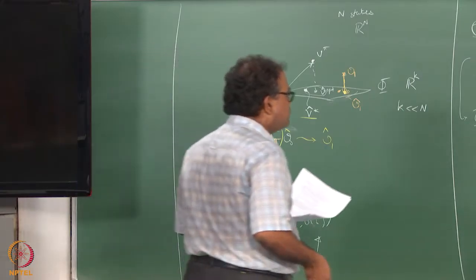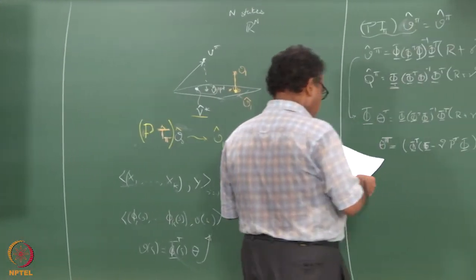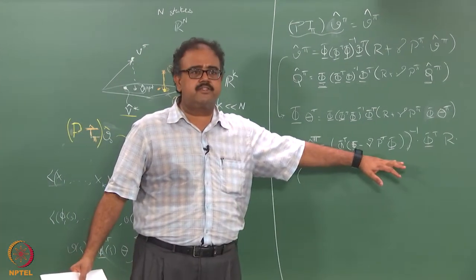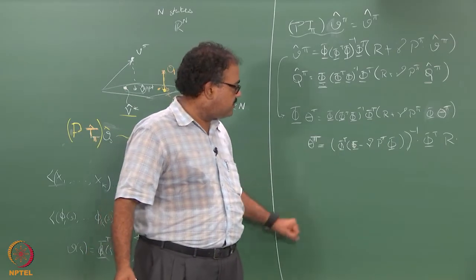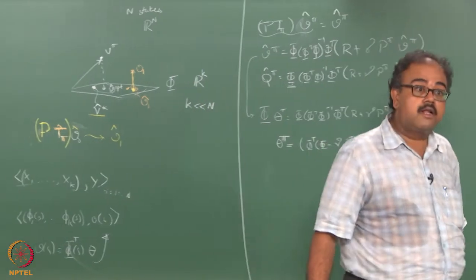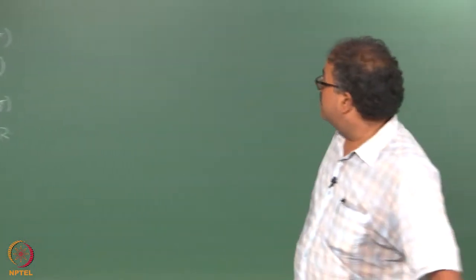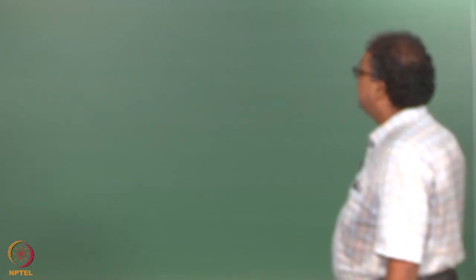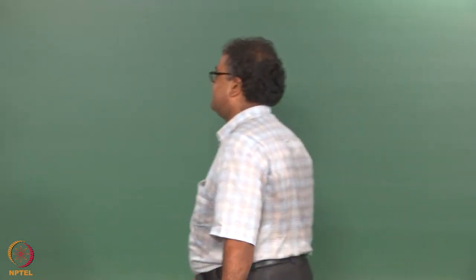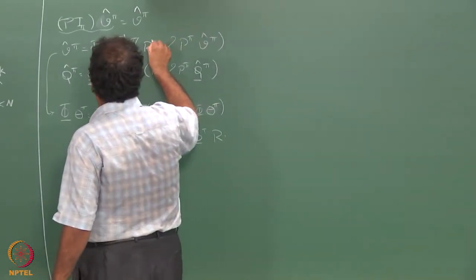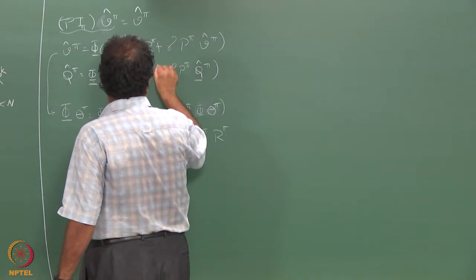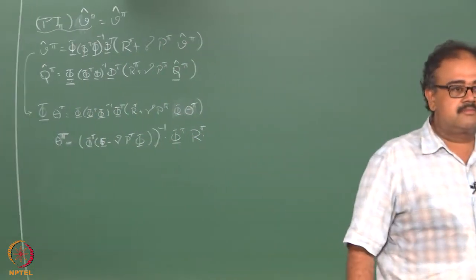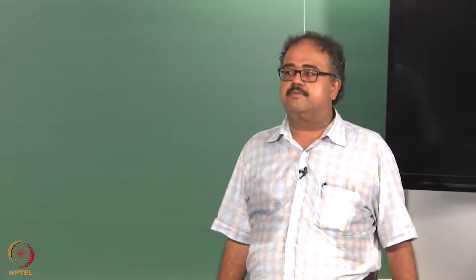So this gives you the least squares solution. Shouldn't R also be R pi? Yes, R should be R pi everywhere.